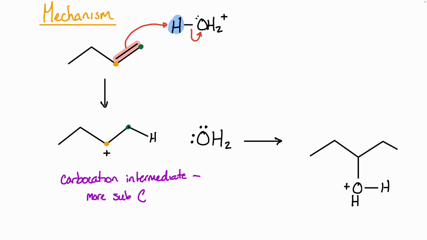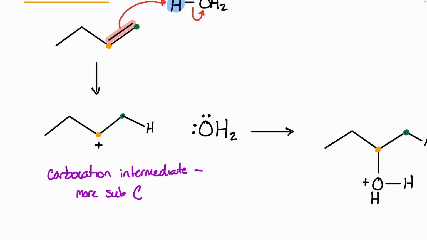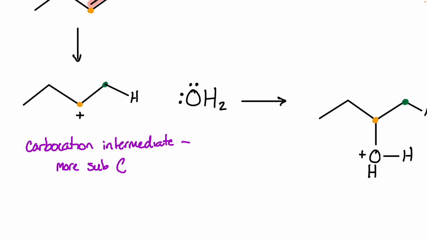I guess it'll be good to include this hydrogen. All right, so I need to draw this new bond, right? Play the spot the difference game. I have a new bond here. I need a new bond between oxygen and that orange carbon.